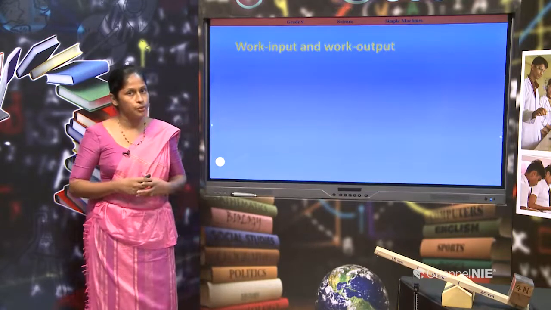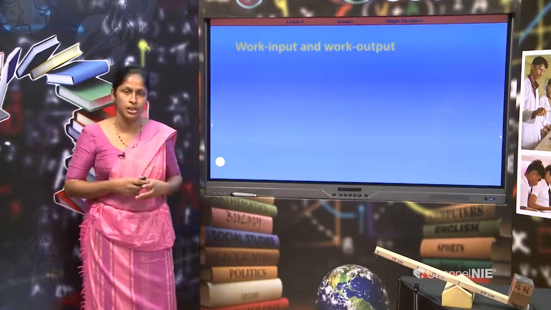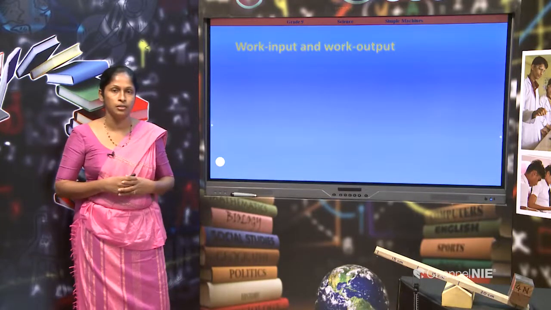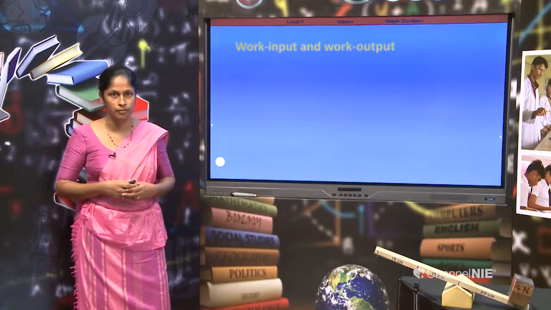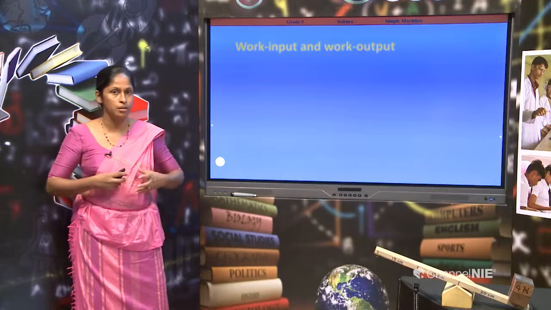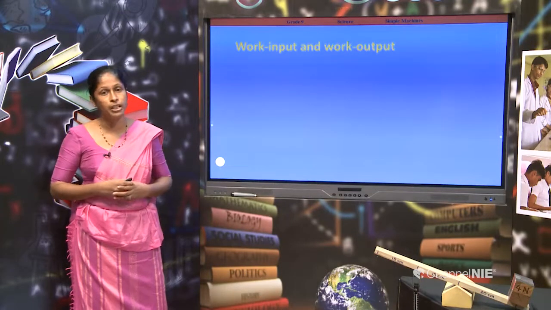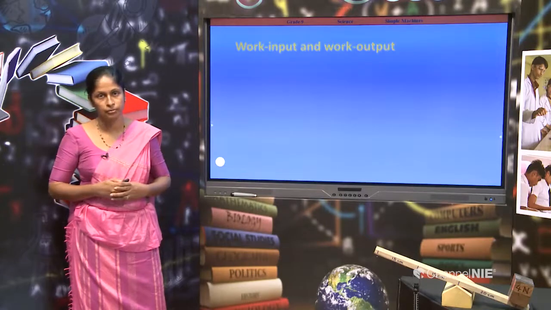The force that we exert to do the work on the machine is called work input. And after exerting a force, the machine does a particular work. That is called work output. In science, we calculate this work input and work output.